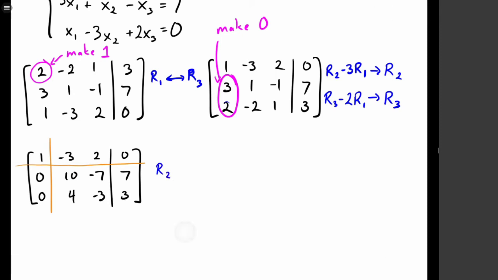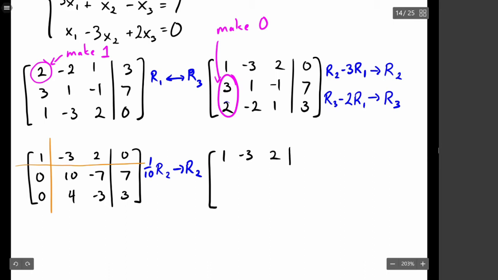And, well, there's a 10 there, so let's divide it by 10. Right? And replace row 2 with that. If we do that, 1, -3, 2, right? We get 0, 1. This is now minus 7 over 10 and 7 over 10. 0, 4, minus 3, 3.